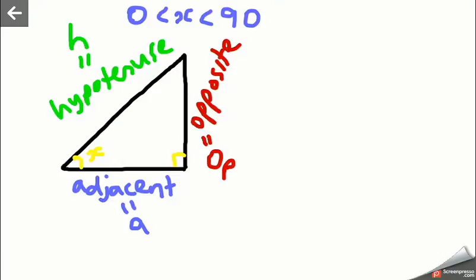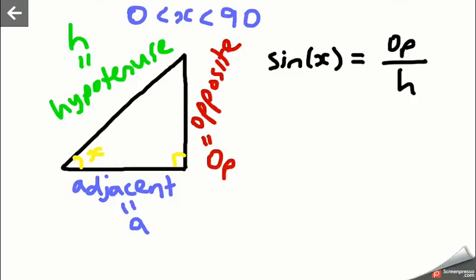Sine of x, so for 0 less than x less than 90 degrees, and a right angle triangle that looks like this with angle x, we have that sine of x is equal to the length of the opposite side divided by the length of the hypotenuse. So that's OP divided by h. And we're also going to define cosine of x as equal to the length of the adjacent side divided by the length of the hypotenuse.